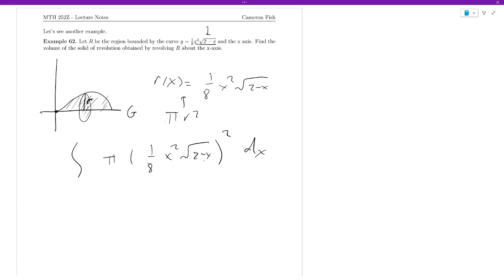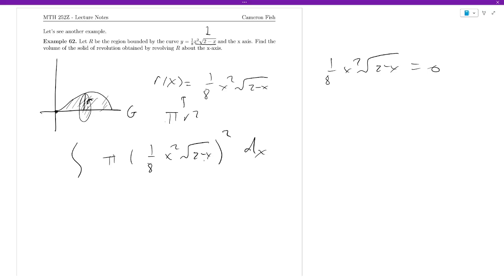It looks like it's 0 and something. Let's just check where my function intersects the x-axis. Where does it happen that the output is 0? So I set it equal to 0, and then I just solve. This is already in nice factored form, which is great.